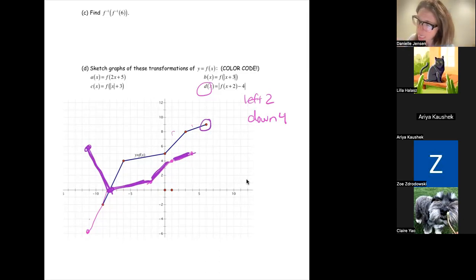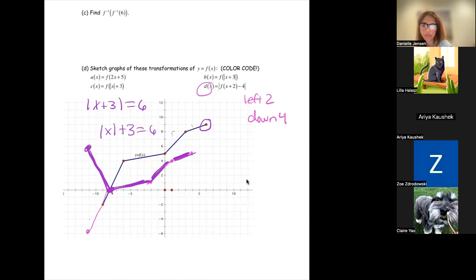If I look at B, if I want to see where that 6 goes, the first thing I'm doing is an absolute value transformation, whereas in part C, the first thing you would do is shift the whole graph left 3. So in part B, I'm first going to mirror and then shift left 3, whereas in part C, I'm going to shift the graph left 3 and then mirror it.